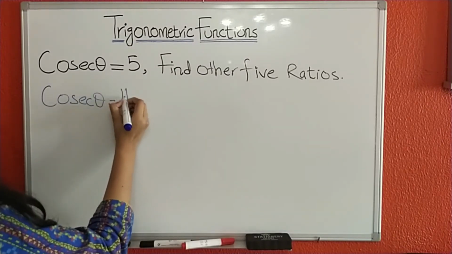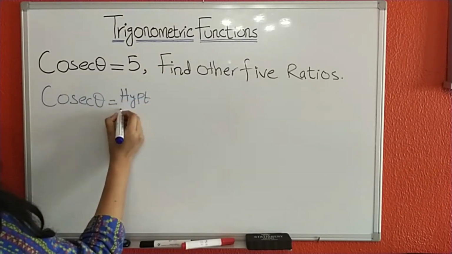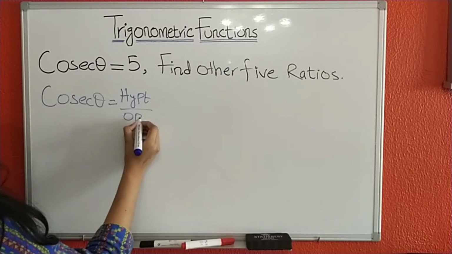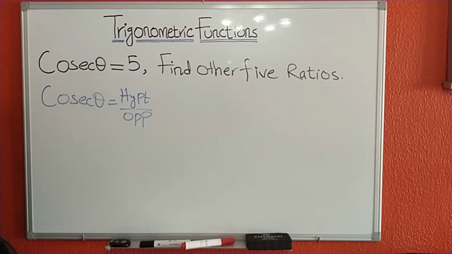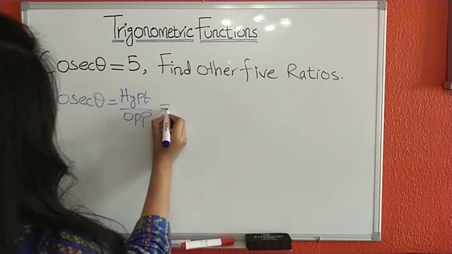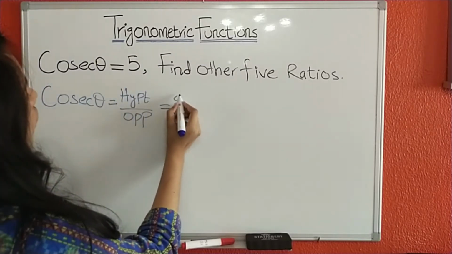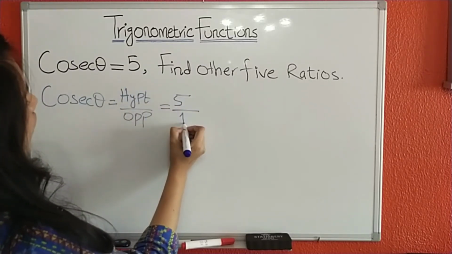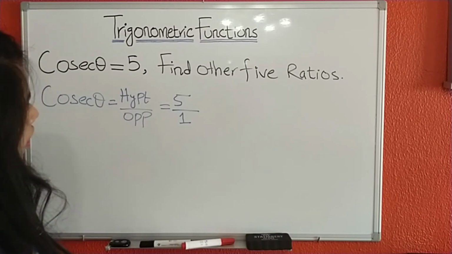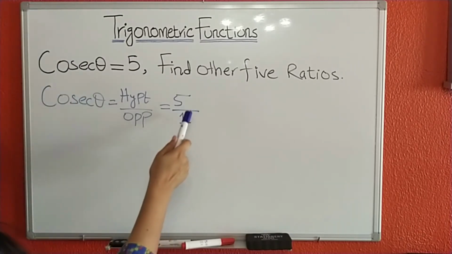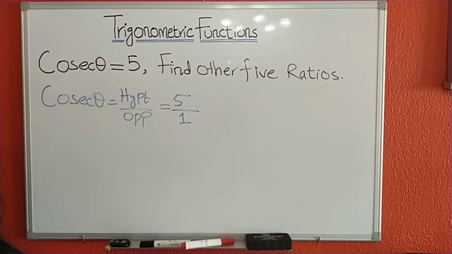So hypotenuse upon opposite. Now the value of cosec theta is 5, and 5 divided by 1. If 5 is divided by 1, 5 will remain 5. No change in the value.